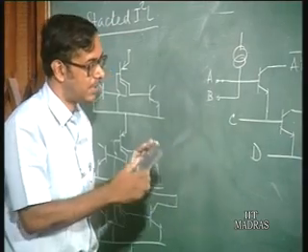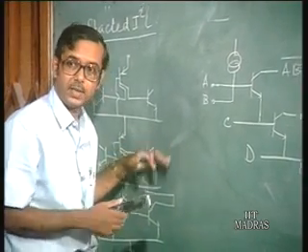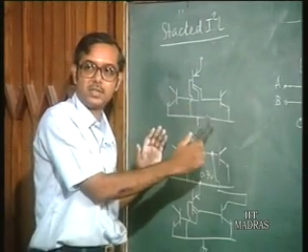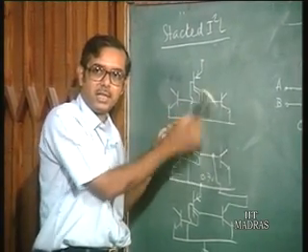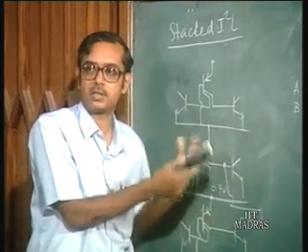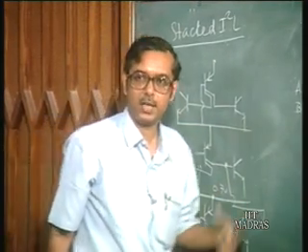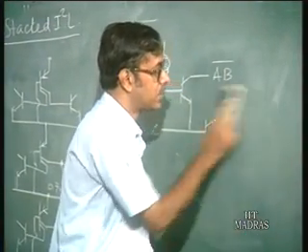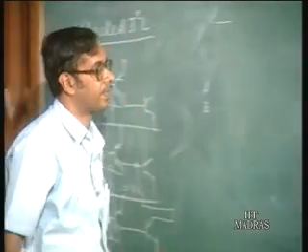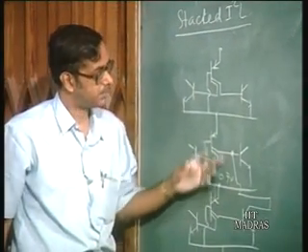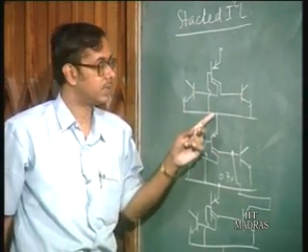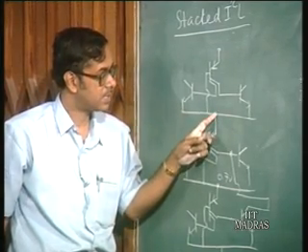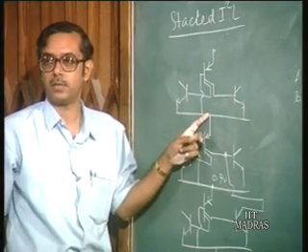But when you design stacked I²L, you should see to it that the circuitry at each level is so chosen that there is minimum interaction between levels, because that will add to problems. The problem is of course that one has to really isolate each level, because all these emitters are shorted in one particular level, but this is not ground actually.